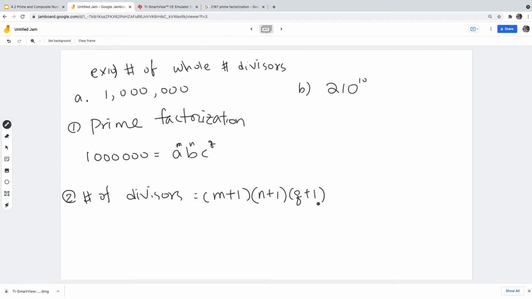You just multiply them together. That shows the number of divisors. Okay?